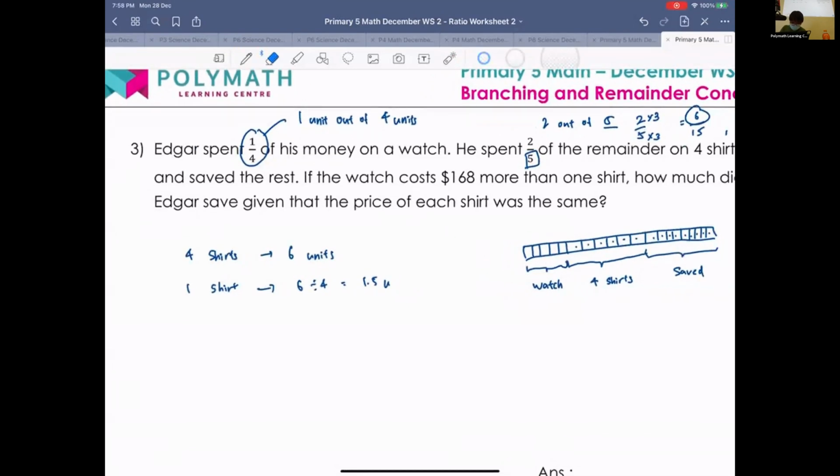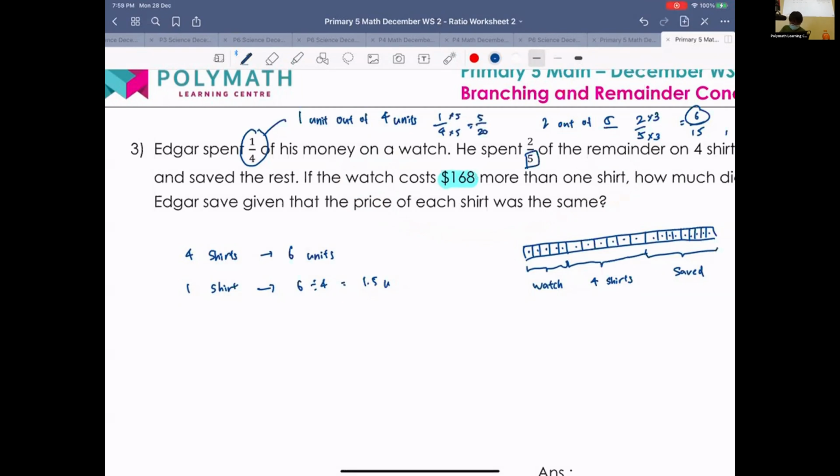Okay, so here, because this clue is not the total, this clue is referring to how much the watch is more expensive than the shirt. Now the watch we know is 5 units. So this 1/4, in the process of cutting into 5, will become 5 over 20.